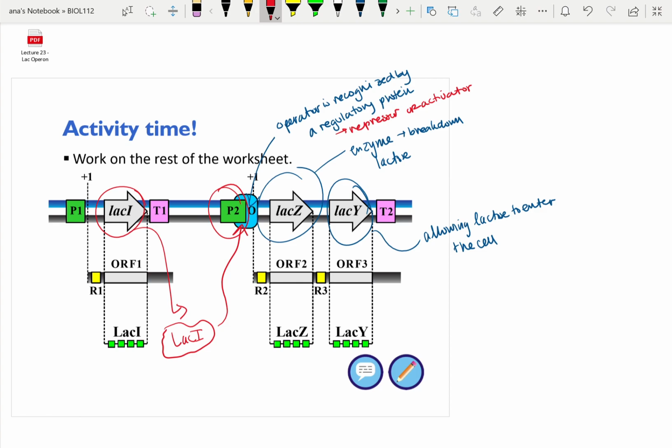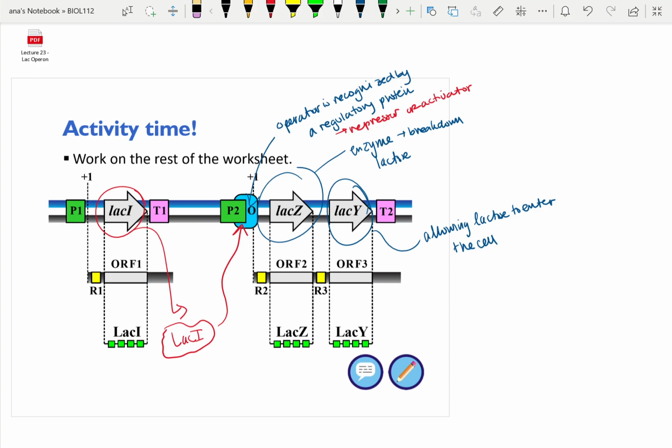You wouldn't generally see an operon that had a weak promoter using a repressor because the levels are already very low to begin with, so repressing won't really change transcription much. In this case, we see a strong promoter that's being repressed through an operator and repressor protein interaction. So P2 is actually a very strong promoter, which is an important thing to consider when we're looking at what happens after certain mutations.